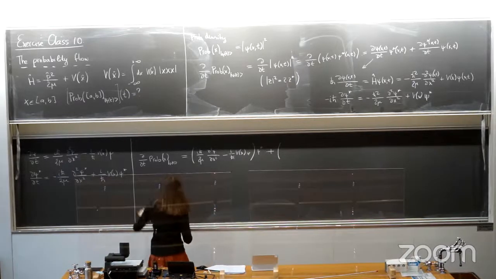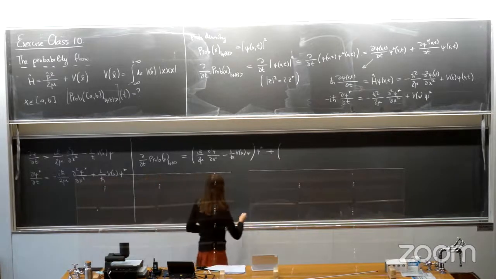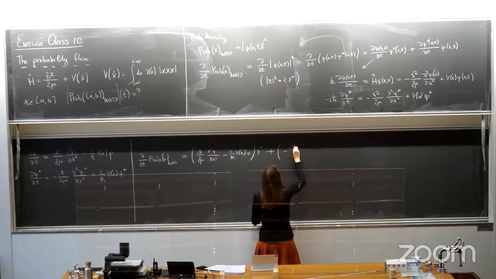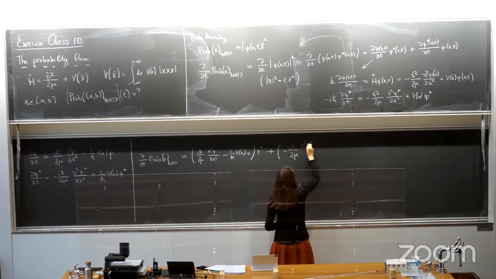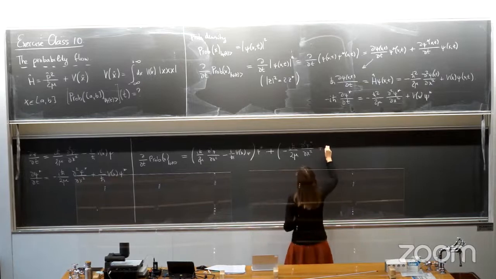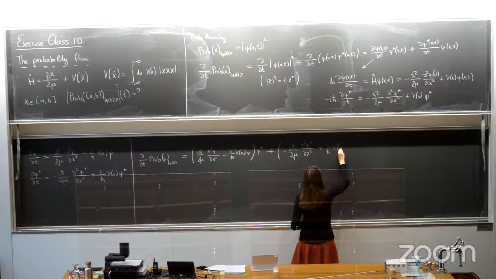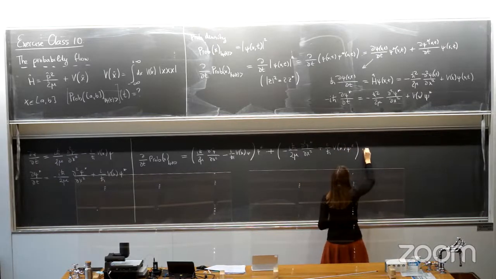So we plug in the second line, minus iħ over 2μ d2ψ star/dx squared plus i over ħ V(x)ψ star, everything multiplied by ψ.